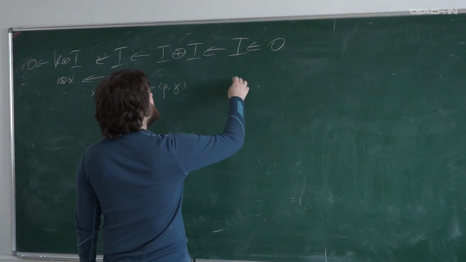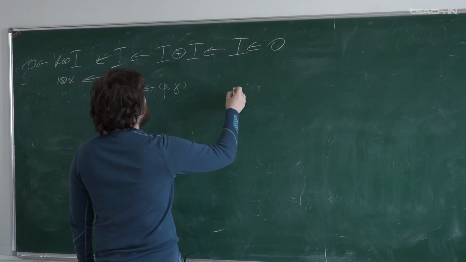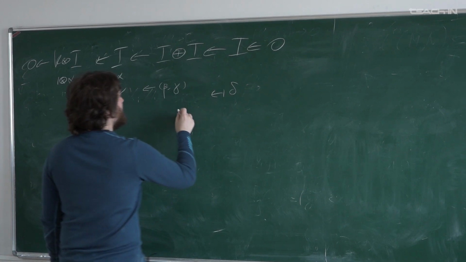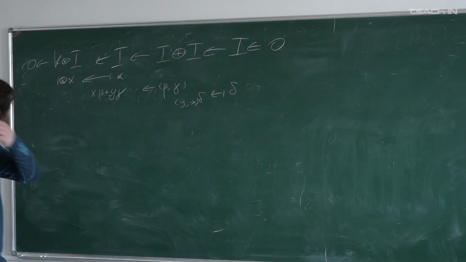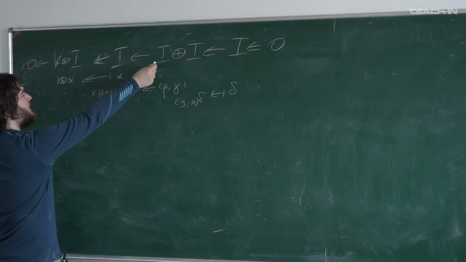And here it sends delta to y minus x. Okay. Now you can check, for example, what the image of this map is.